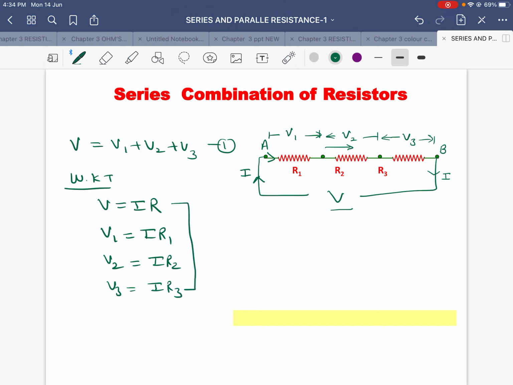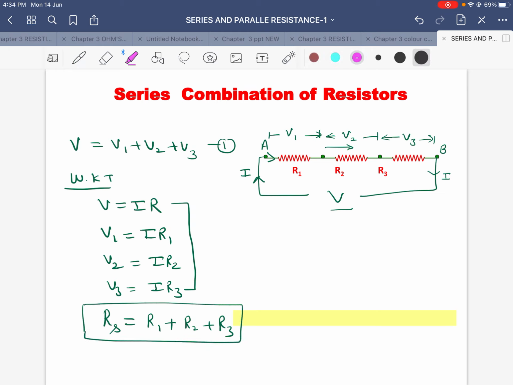Put these values in equation number 1, and we will get the equivalent resistance R in series combination equal to R1 plus R2 plus R3. This is the formula to find the total or equivalent resistance if resistors are connected in series.